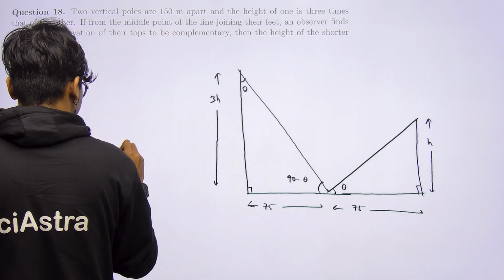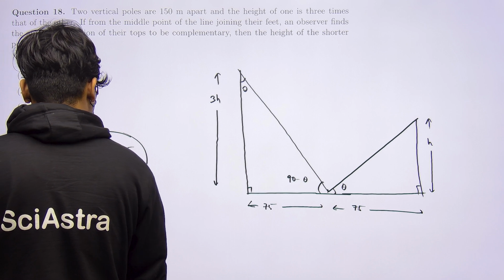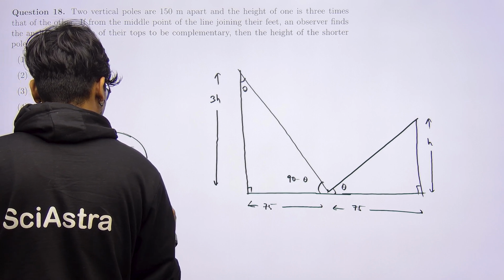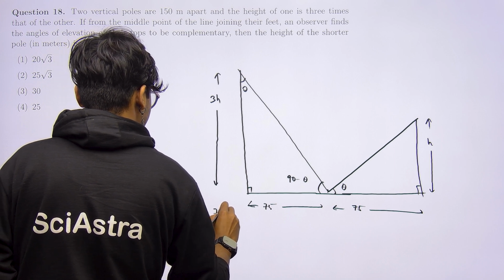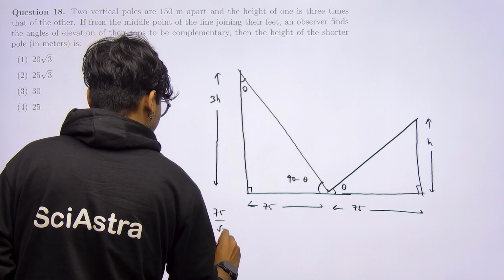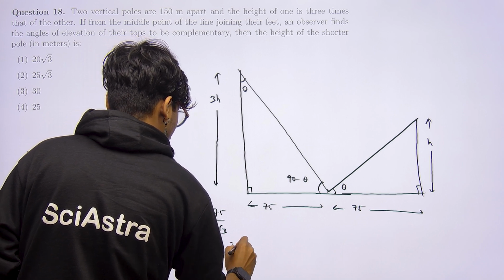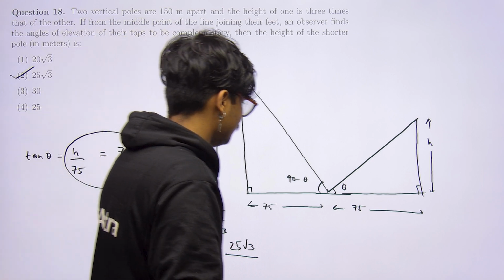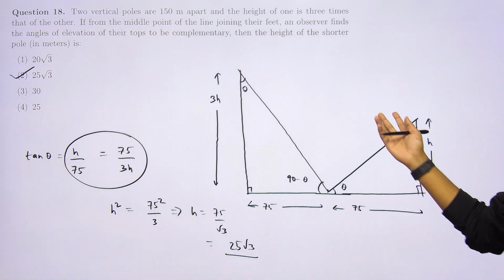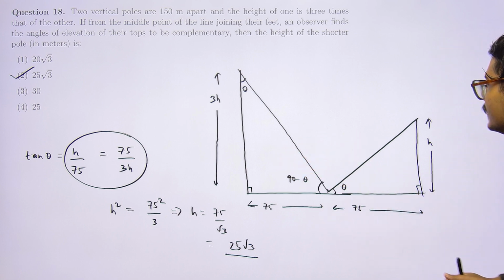So from this, if you cross multiply, you'll get that h square has to be 75 squared divided by 3, which implies that h is equal to 75 by root 3, which is 25 root 3. Right? Which is option 2. Again, a very straightforward application of heights and distances. You just had to compare the value of tan theta for both the towers, alright?